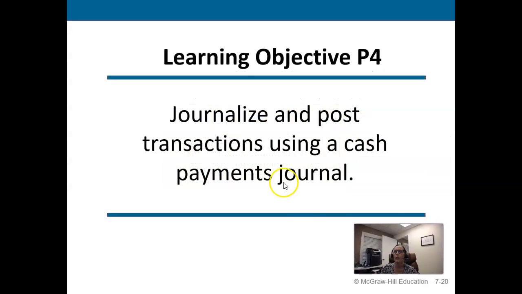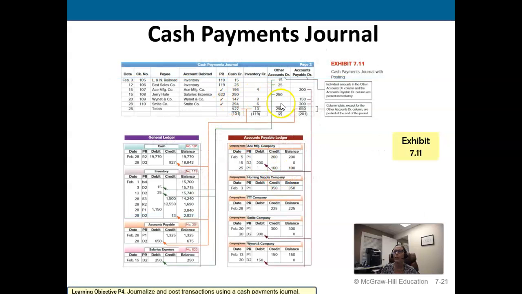Just as we kept a separate journal for cash receipts, the same thing happens for cash payments. It again is just the opposite of what we talked about when it comes to cash receipts.